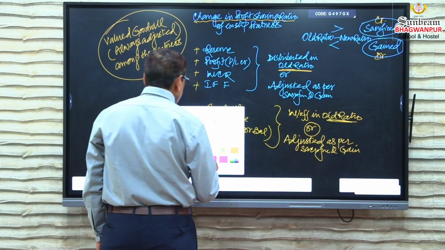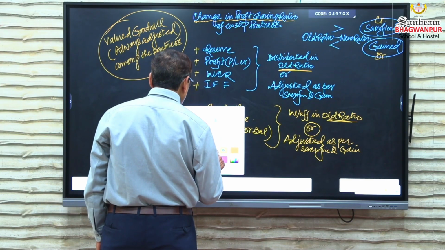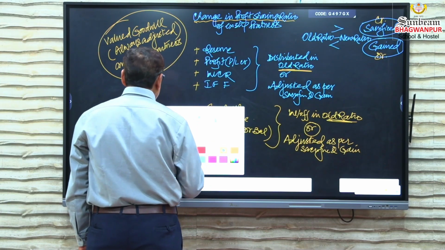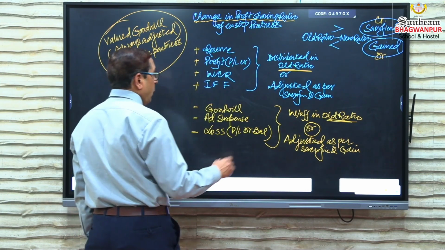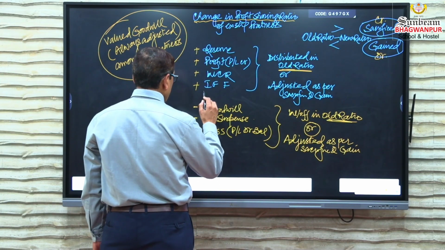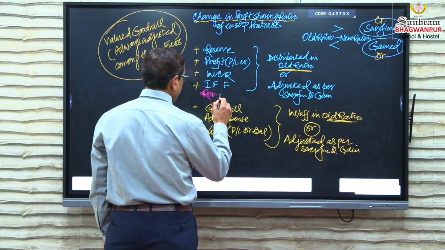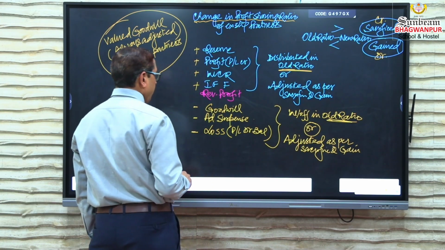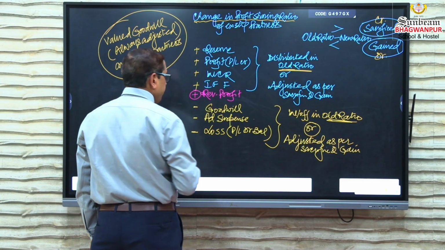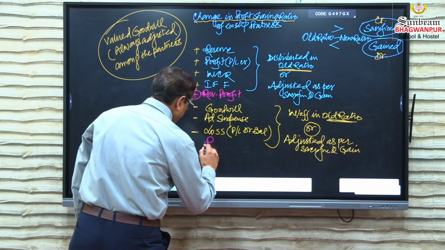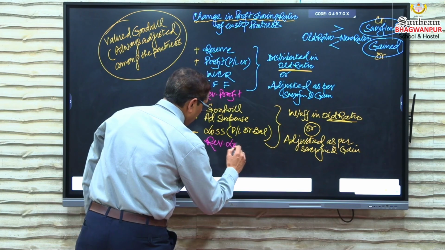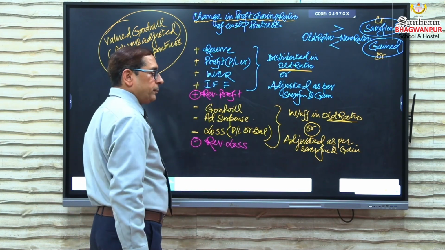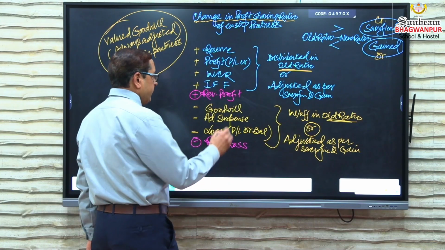If you get revaluation profit, then it is a positive item. If you are getting a revaluation loss, then it is a negative item. Treatment will remain the same.